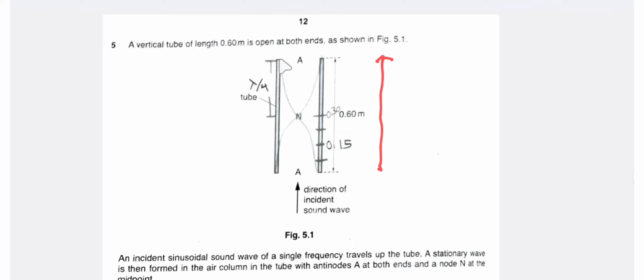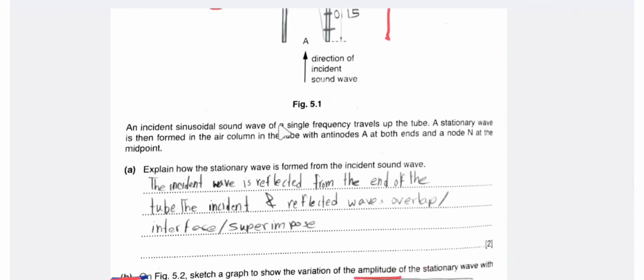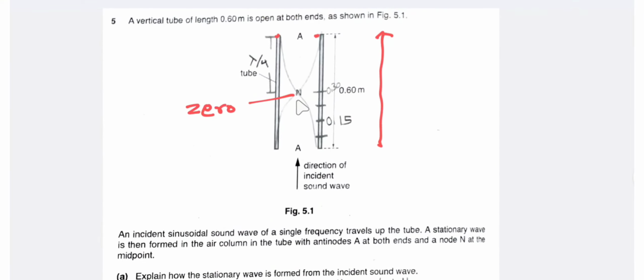We know that at the open end, antinodes are formed, and for a stationary wave, antinodes have maximum amplitude and nodes have zero amplitude. So nodes have no displacement, and so zero amplitude.